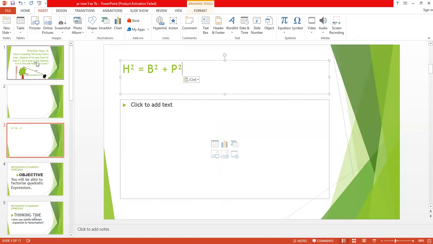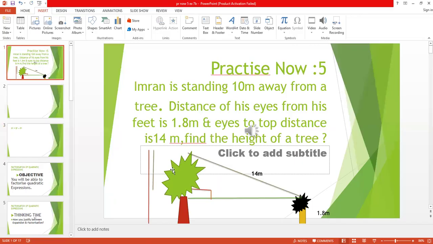Okay. Look here, again, look at the shape. According to the shape, we have to find actually the height of the tree, but now we have to find only that portion of height which is from his eyes to the top of this tree.